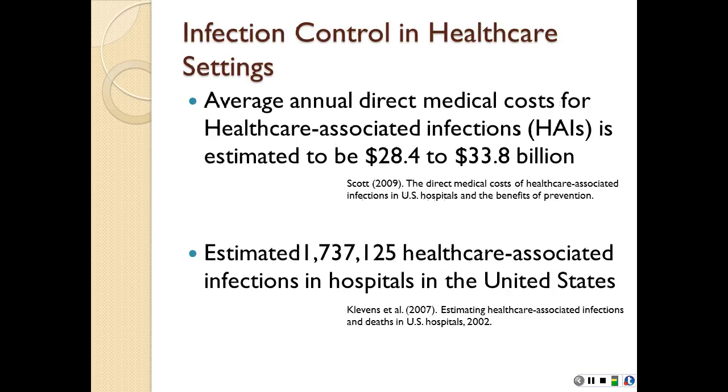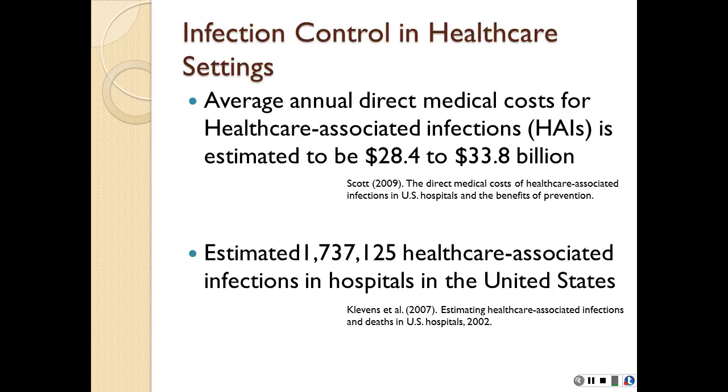All right, and now just a little bit of things of infection control in healthcare settings. So, healthcare-associated infections, so people that go into the hospital and then develop a nosocomial infection from being in the hospital, cost the healthcare industry a tremendous amount of money.